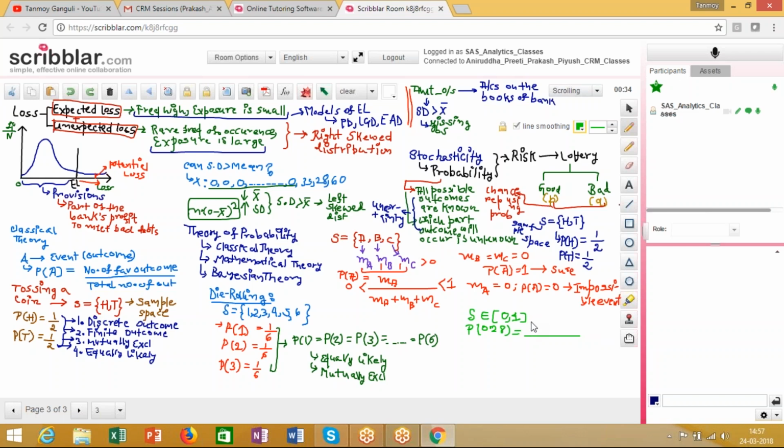Hence, if the nature of the outcome changes, if the outcome set becomes continuous in nature, then this definition would not apply.